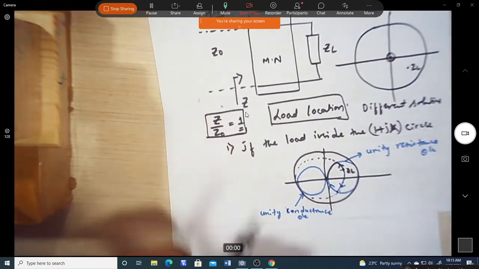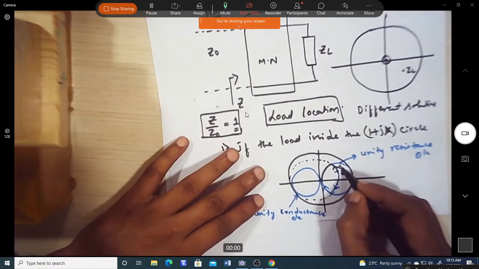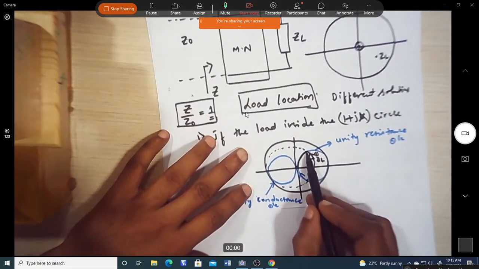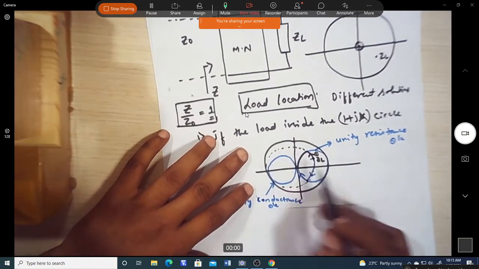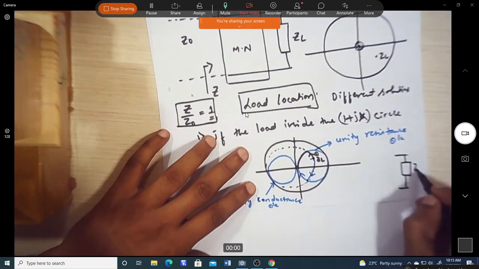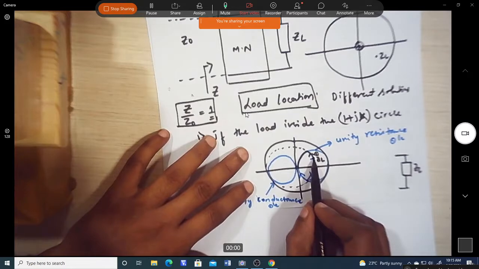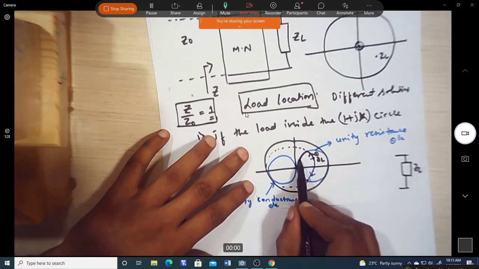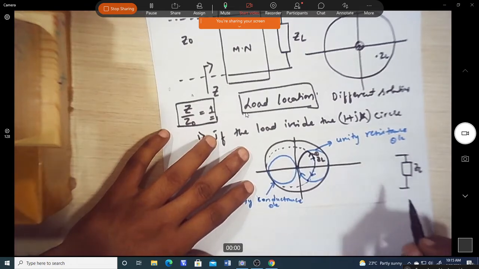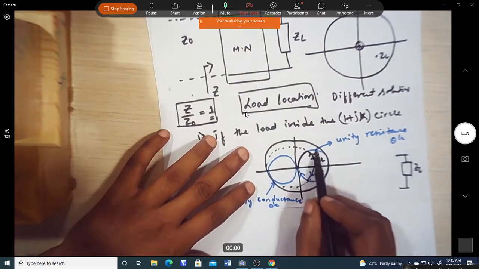Now if we take the first solution, the movement is on the conductance circle upwards. We are moving from the load point to the unity resistance circle on the conductance circle upwards. That means we have a shunt inductor.